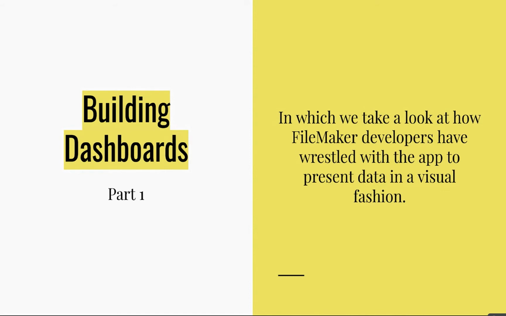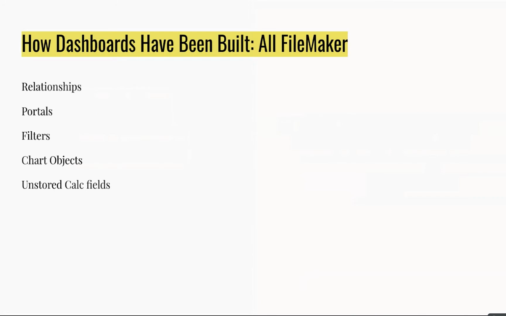Basically, in our world, FileMaker dashboards, and this is the history, are built using all FileMaker things: relationships, portals, filters, the chart object itself, unstored calc fields, maybe stored calc fields.